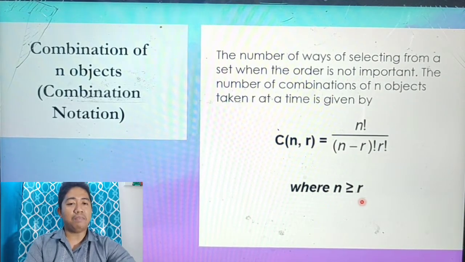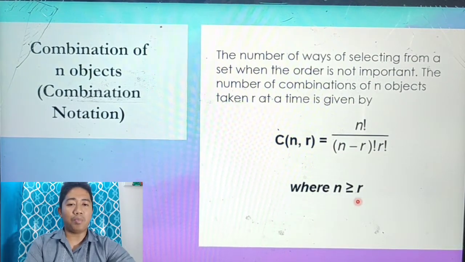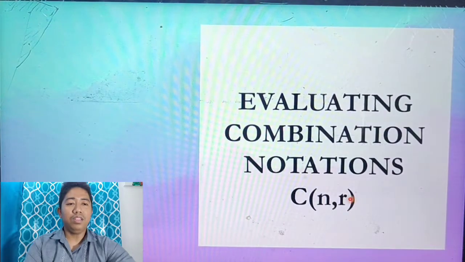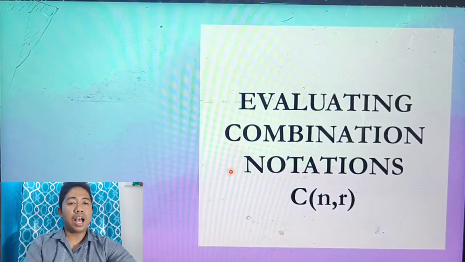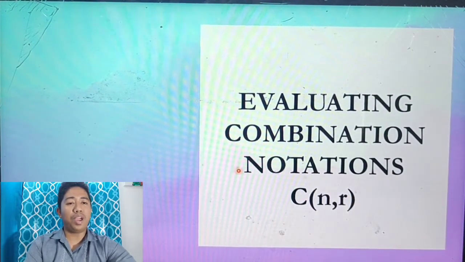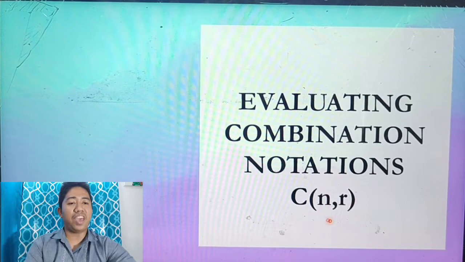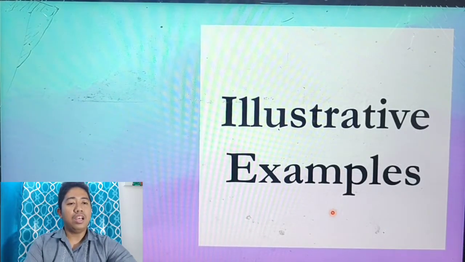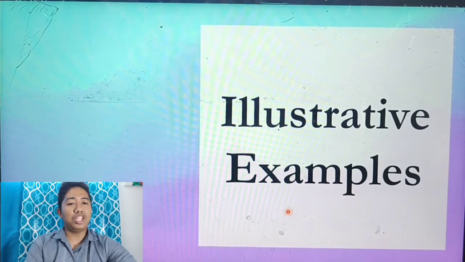This is the same manner as solving for the permutation of N objects. So today, let us discuss how we are going to evaluate combinations using the notation C of N, R, or the combination of N taken R at a time.